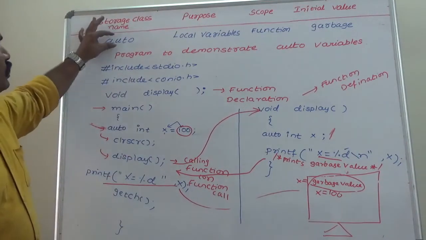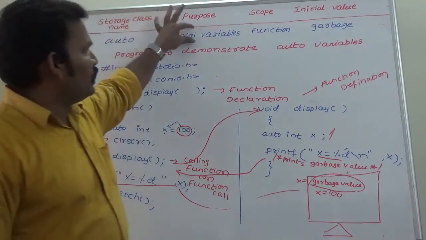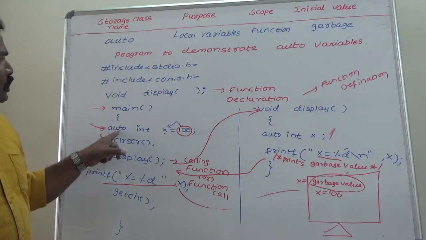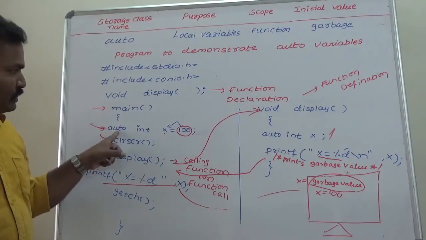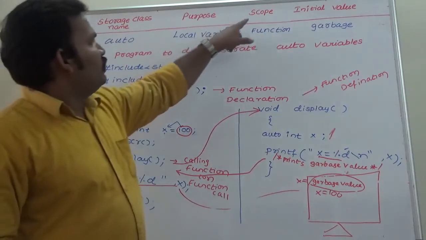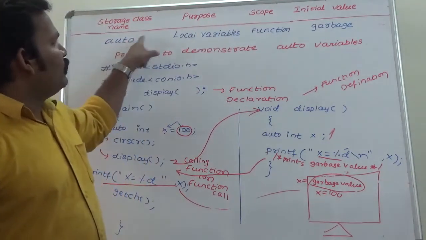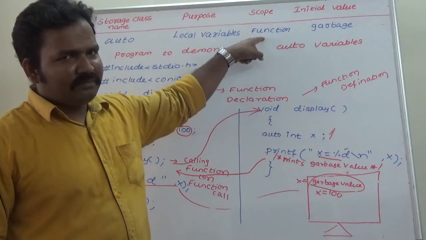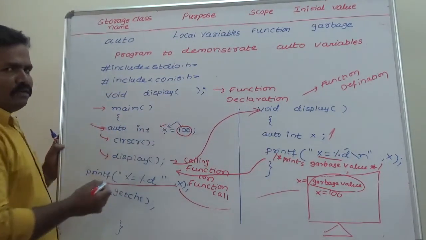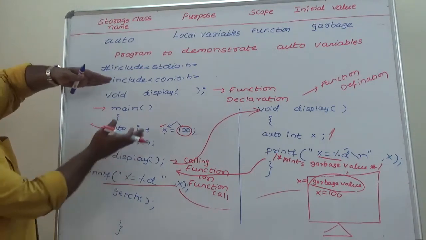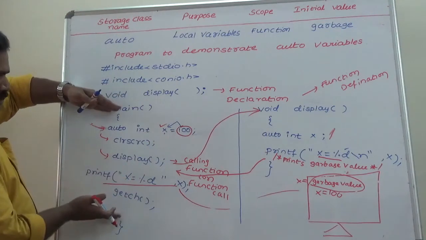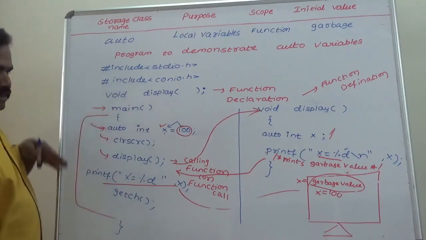The auto storage class is used for local variables. The auto keyword is used to declare auto variables. The scope of an auto variable is limited to the function. Here in the main function, x is an auto variable, so it can be accessed only within the main function.